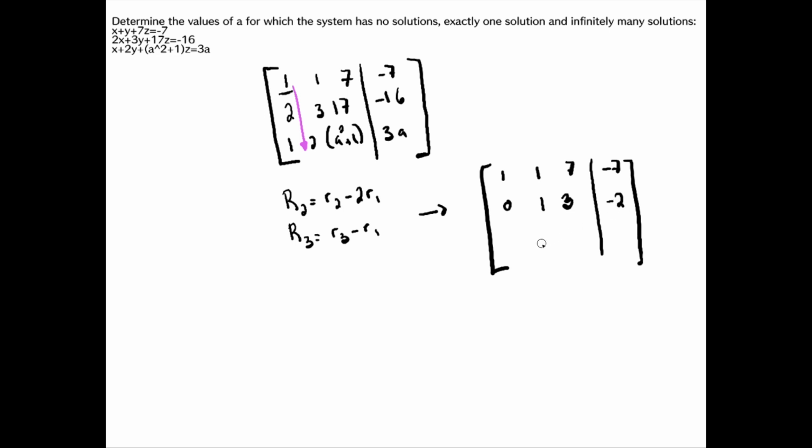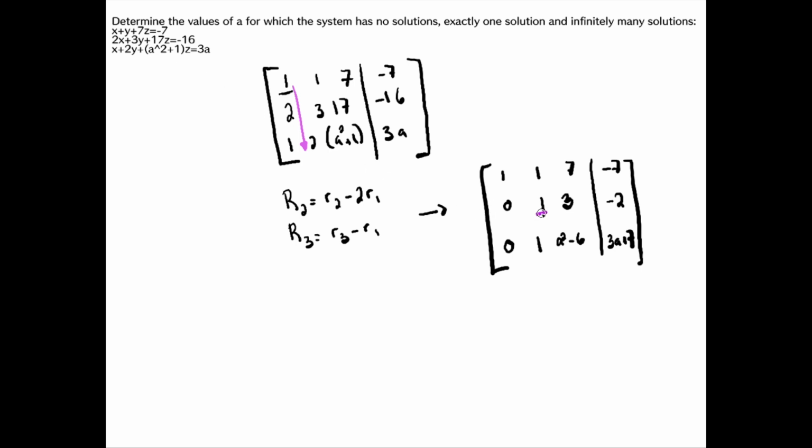And here we have 1 minus 1, which is 0. 2 minus 1, which is 1. A squared plus 1 minus 7 is just a squared minus 6. 3a minus -7 is 3a plus 7. I'm going to have to make this bigger next time. So we did the first column, and we're going to move on to the second one.